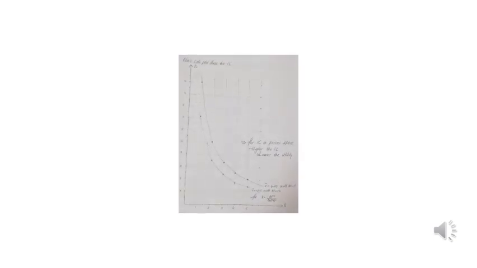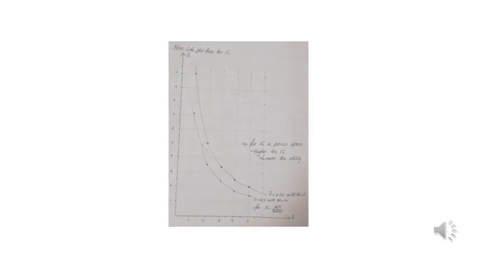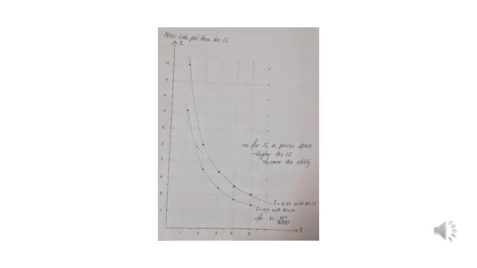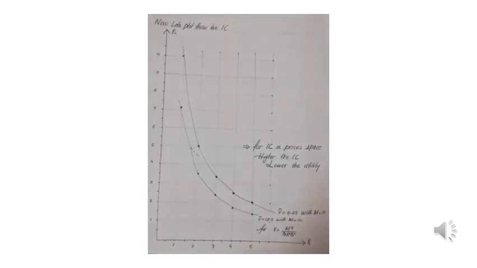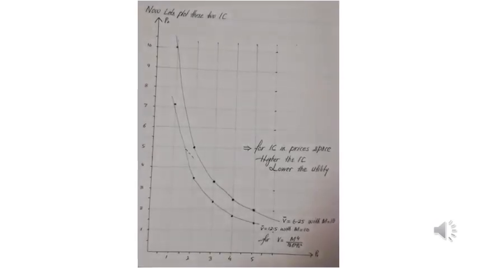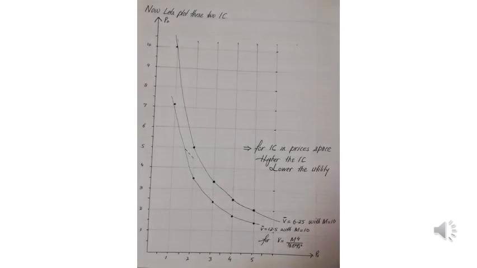The two indifference curves are plotted here. We can see that the higher indifference curve is the one at which v is equal to 6.25, and the lower indifference curve is the one at which v is 12.5. In both, m is equal to 10. So we can see from here that for indifference curves in prices space, the higher the indifference curve, the lower the level of utility.